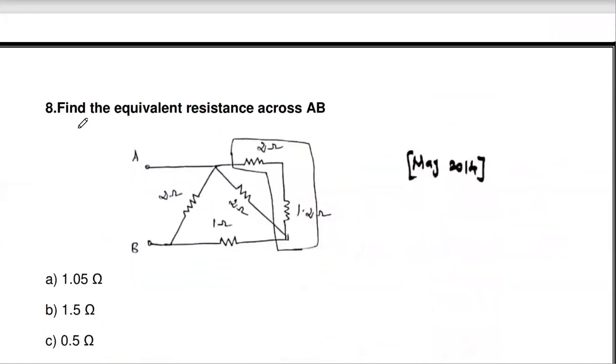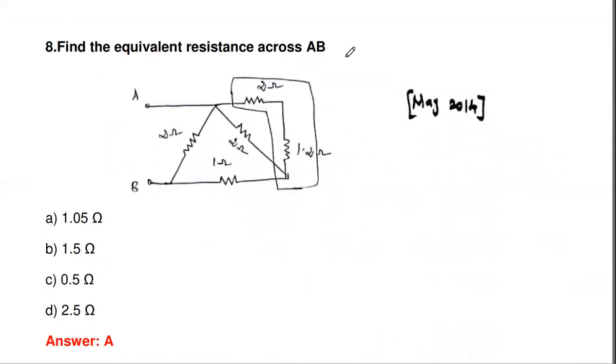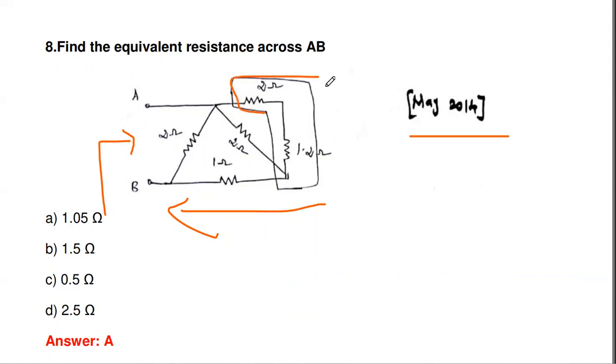Then the next question: find the equivalent resistance across AB. This is also a May 2014 question, a 2-mark problem. We have to find the equivalent resistance across the terminal AB. In order to reduce this network, we reduce it from the last towards AB. First you see this 2 ohm and this 1.2, how are they connected?